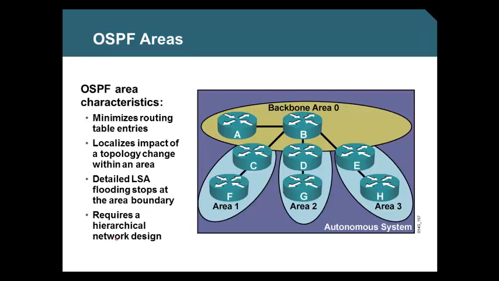So not only summarization and the minimized routing table, but also localizing the impact. When a network goes down in area 1, if everyone in area 1 knows, that is enough. That may not be a relevant message to be shared with other area members. For them it is not needed.